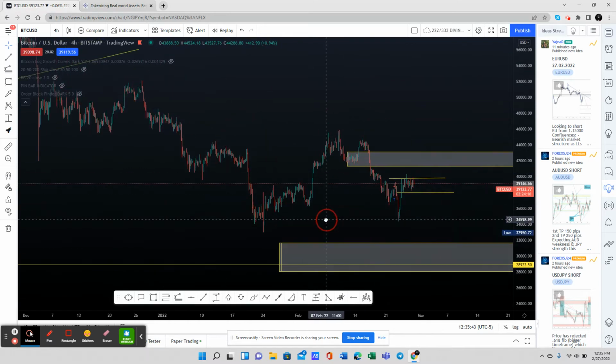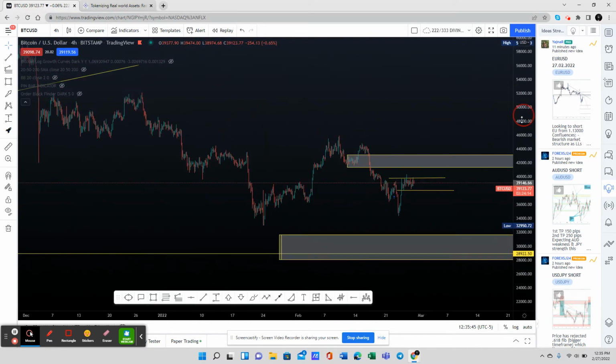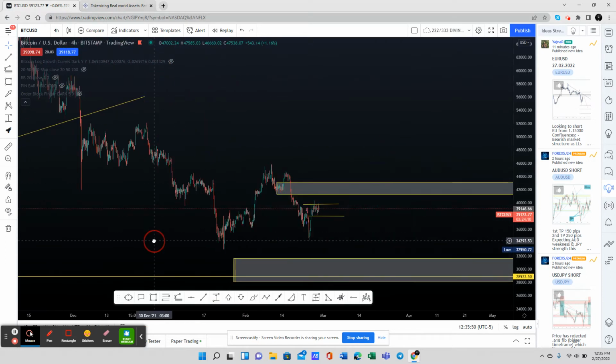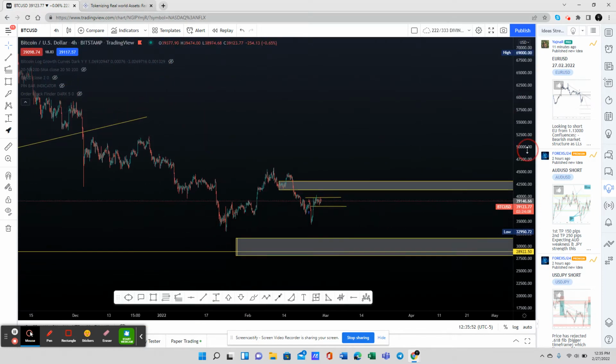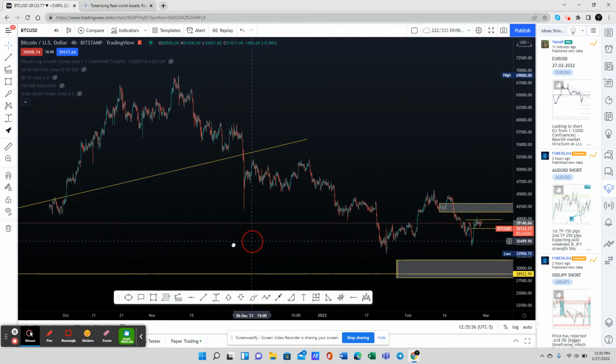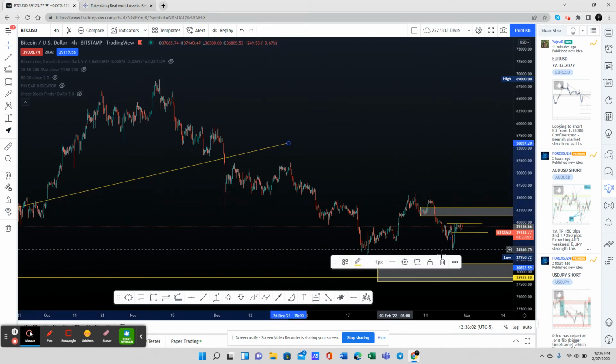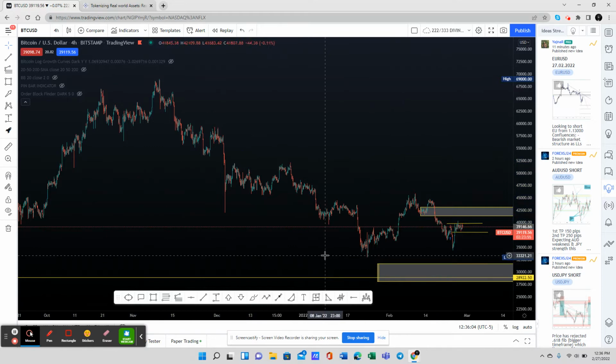Let's go back and look at some pattern recognitions, and see if we can find some similar setups in the market that resemble this pattern. Let's come over here. Let me see if I can find it.